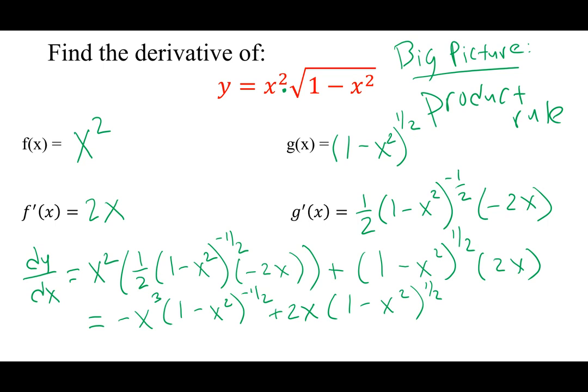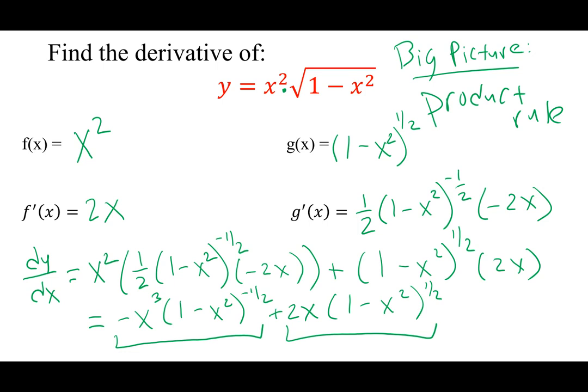And then something that you actually got a lot of practice on at the end of section 2.3, using all this fancy factoring, I now have to factor the greatest common factor out of each of these terms. Remember that terms are separated by pluses and minuses. So negative x cubed and 2x, I can definitely take out an x. Then taking a look at the 1 minus x squared, I have positive 1/2 of them and I have negative 1/2 of them.